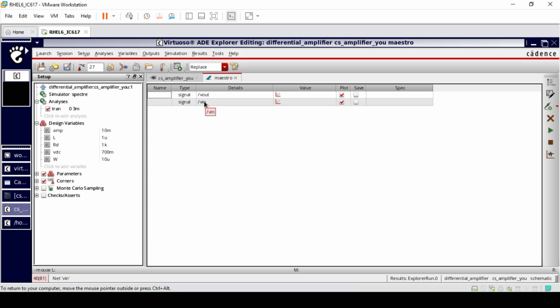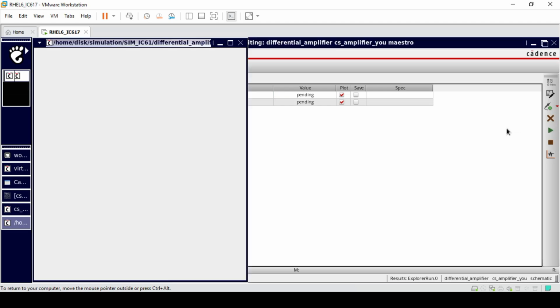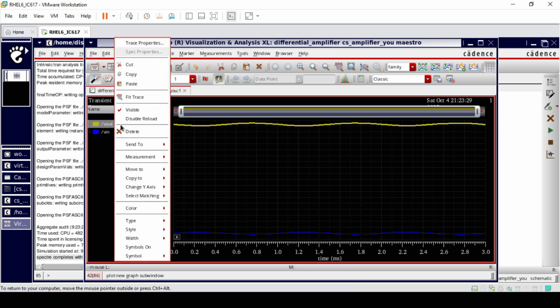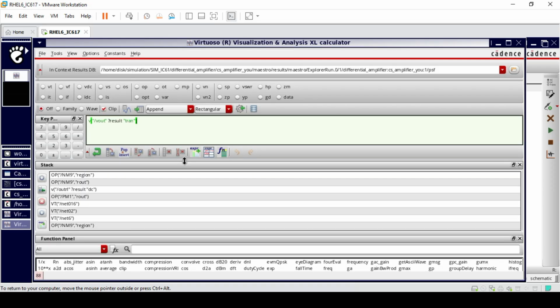While calculating the gain, it is difficult to calculate it every time by considering the peak to peak of the input and the peak to peak of the output. So for that, what I do is bring that V output, send to calculator.